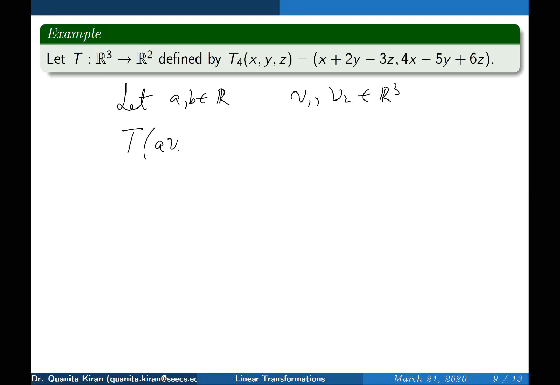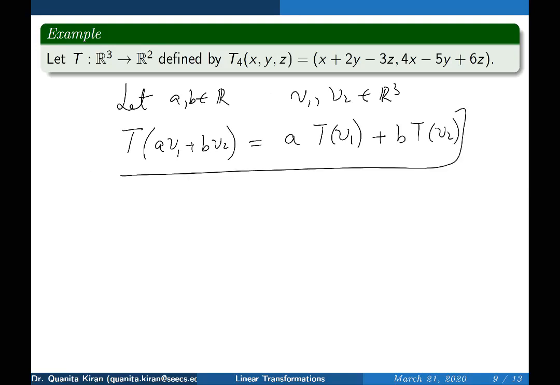We first add these two vectors and then take the image, and we take the images and then add, and we can show very easily that these two sums are equal. So these are the two ways of showing a transformation is a linear transformation.